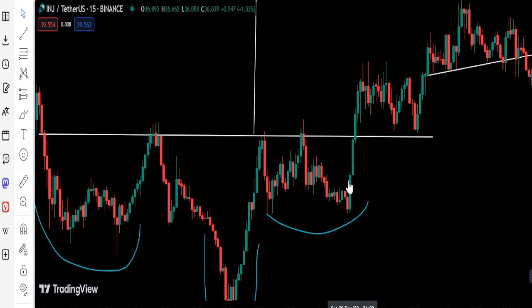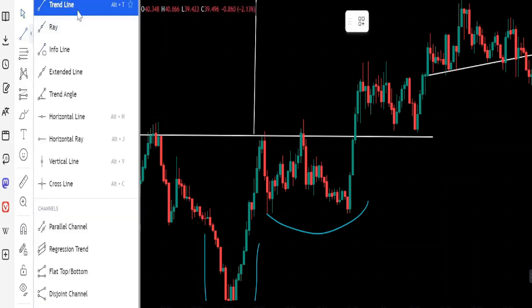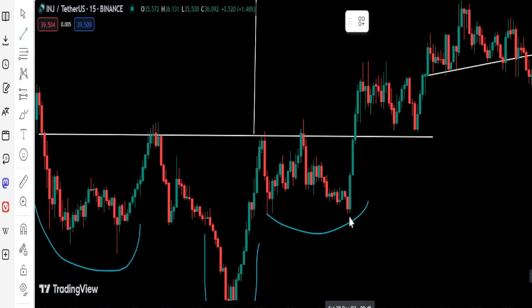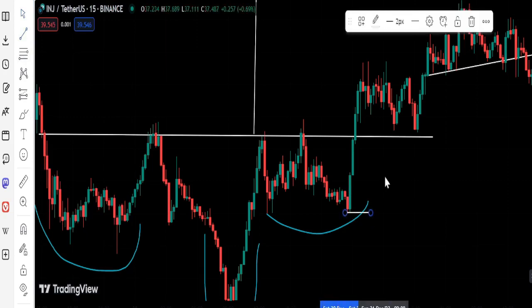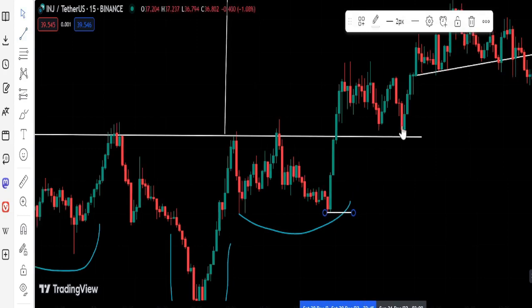It will give us a price target of about this point here. And if we enter the trade on the retracement, then we are waiting for this price to retrace back into this neckline. And if we find something like a doji or a hammer, we can enter this trade, right?